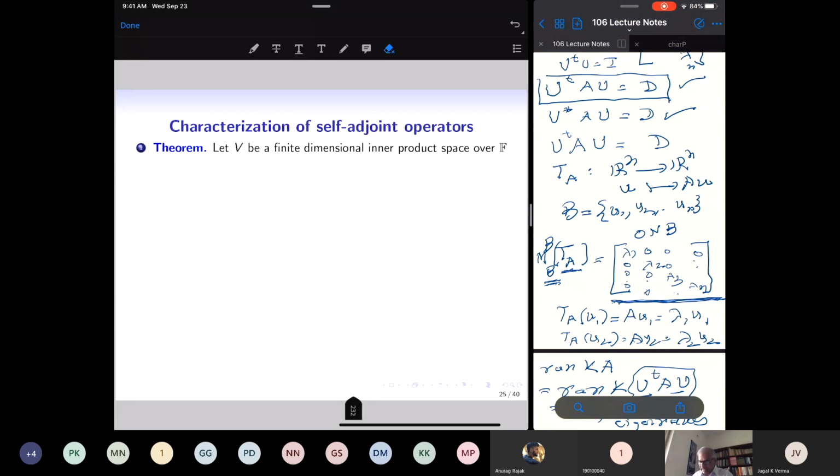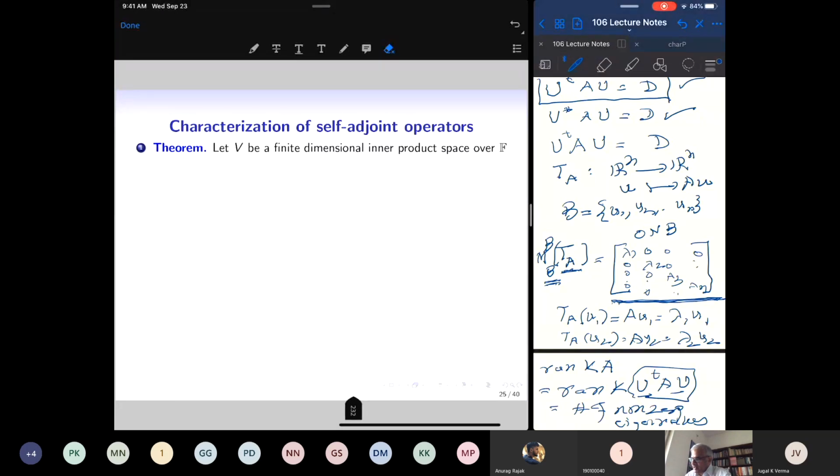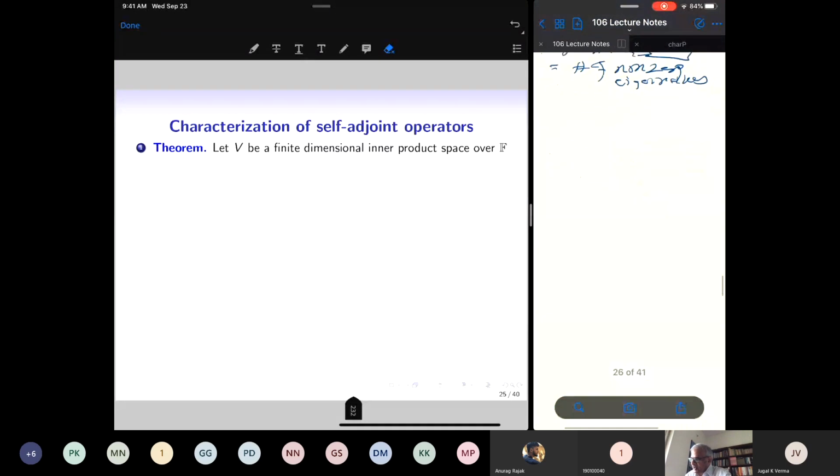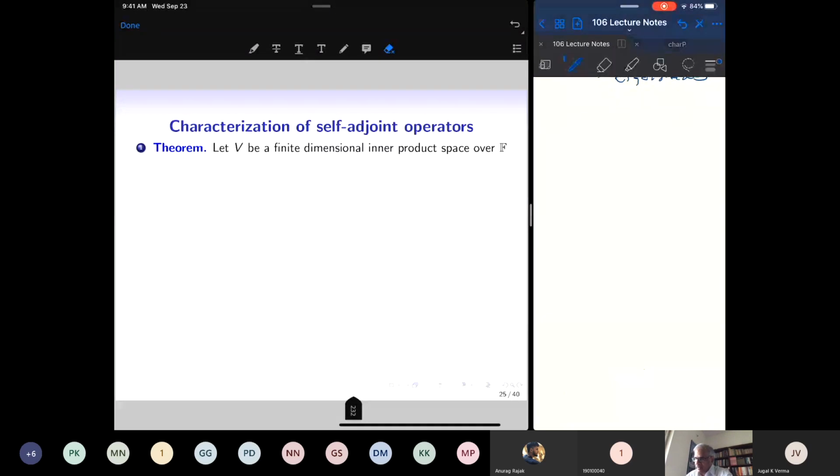And as I explained last time, we want to prove these spectral theorems for linear operators, because the approach is simplified if we prove the theorem for linear operators. So what was a self-adjoint operator?